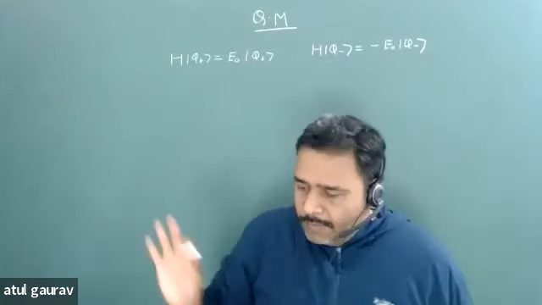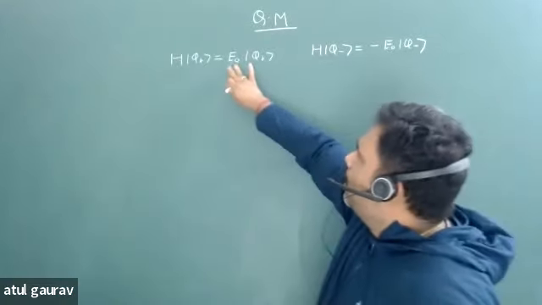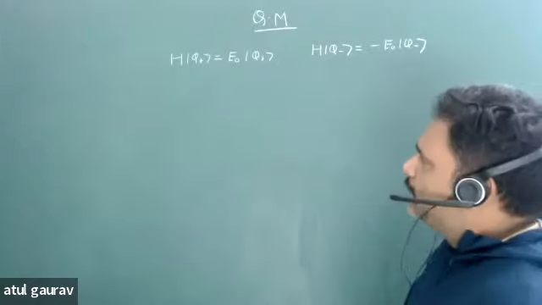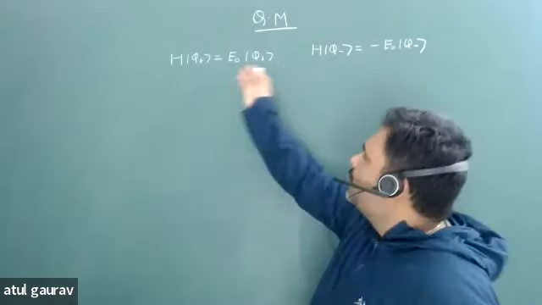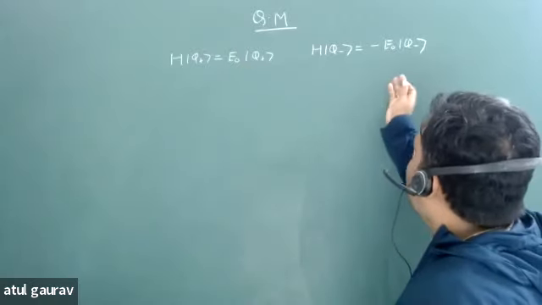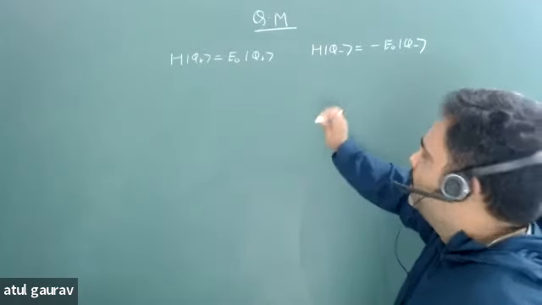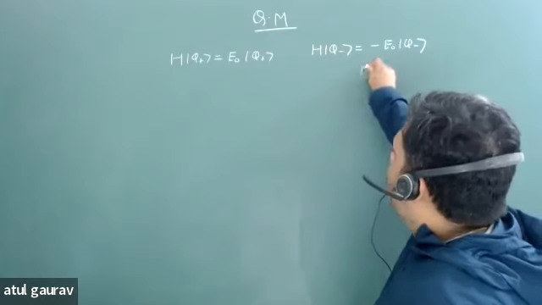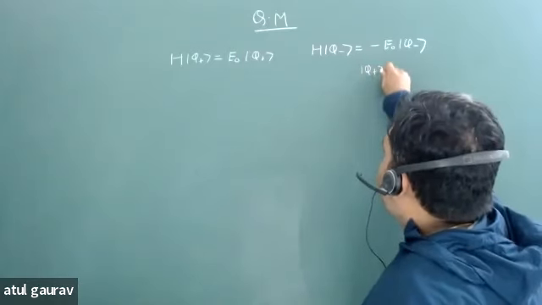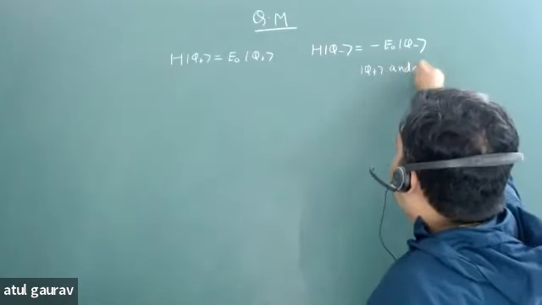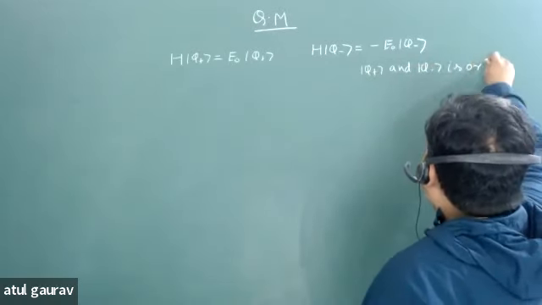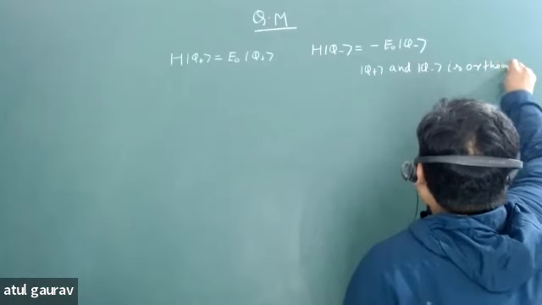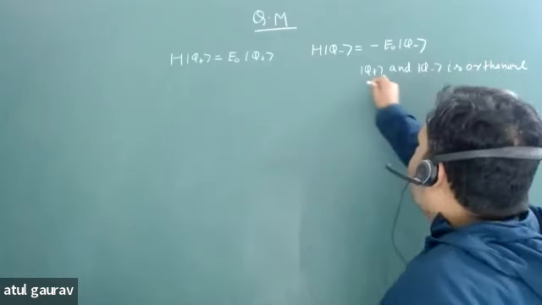So what is the meaning of that? E naught and minus E naught are the eigenvalues of the Hamiltonian, and phi plus and phi minus are the orthonormal eigenstates.